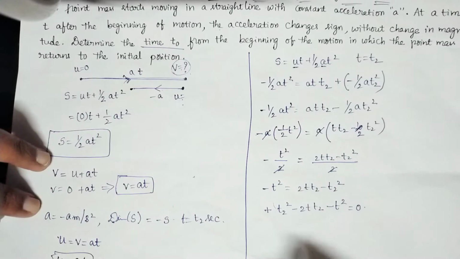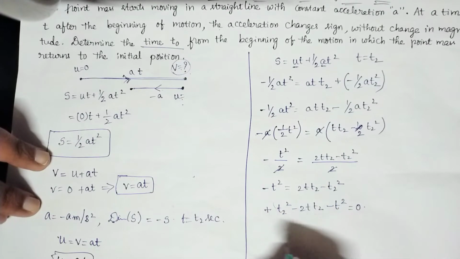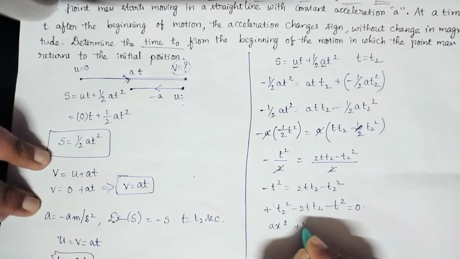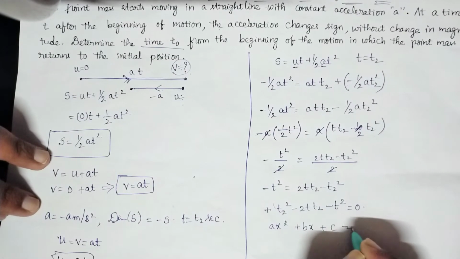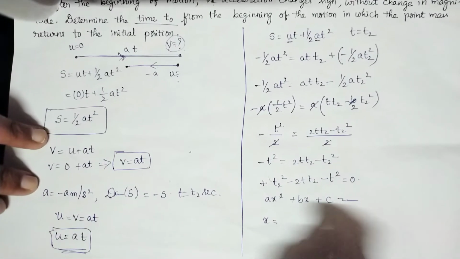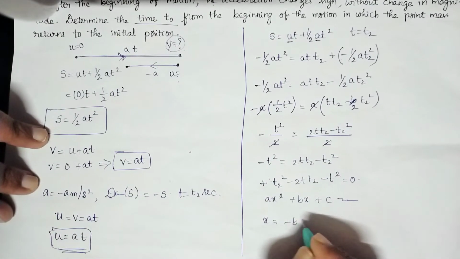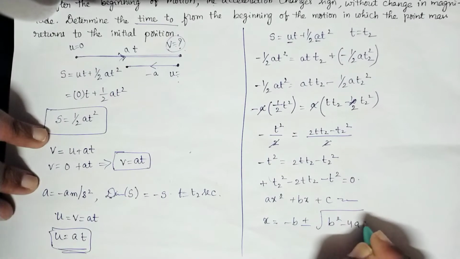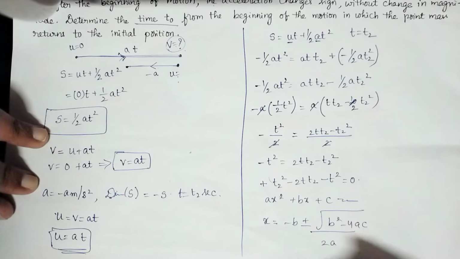When we compare this equation with the quadratic ax square plus bx plus c is equal to 0, to find the variable we use the formula x is equal to minus b plus or minus root of b square minus 4ac, all over 2a.